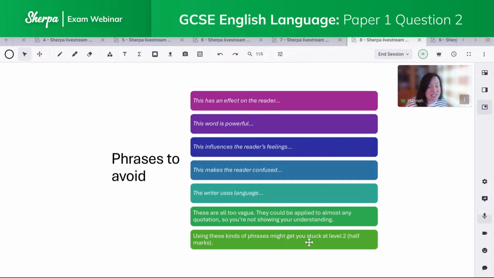In fact, as it says here, you might get stuck at half marks if you're too vague because you're not showing true understanding of language. It would be called an attempt at analysing, and that's half marks. So that's worth bearing in mind. Nice and specific in your phrasing.